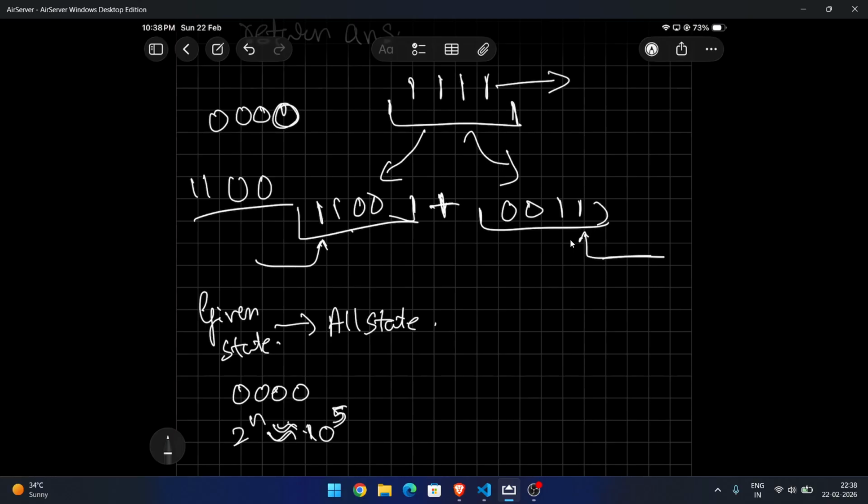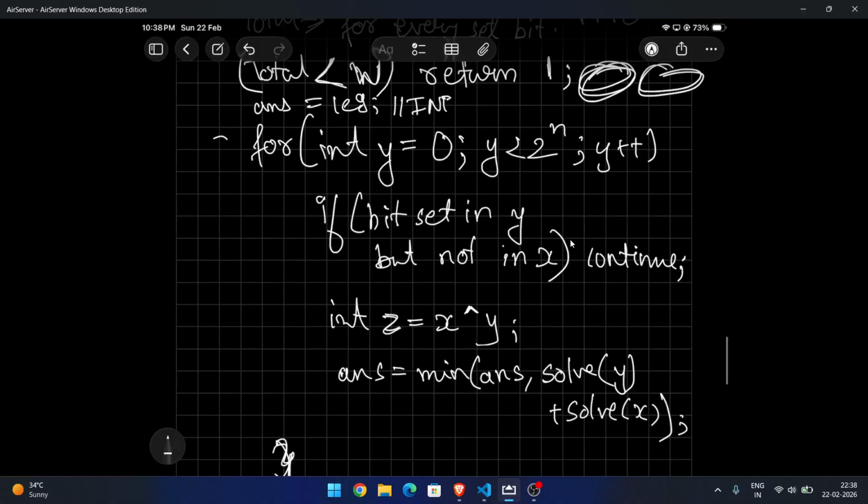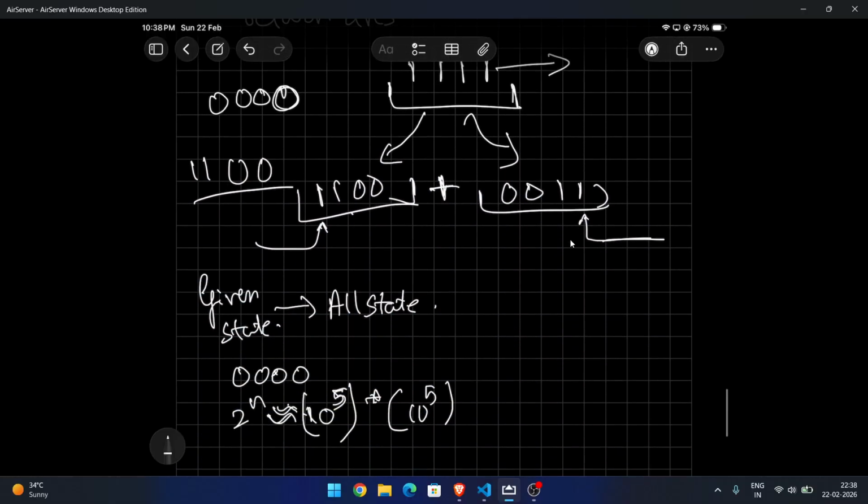So it will give us TLE because it's 10 to the power 5 into 10 to the power 5. So now we have to eliminate this loop, or improve it. So now let's improve it.